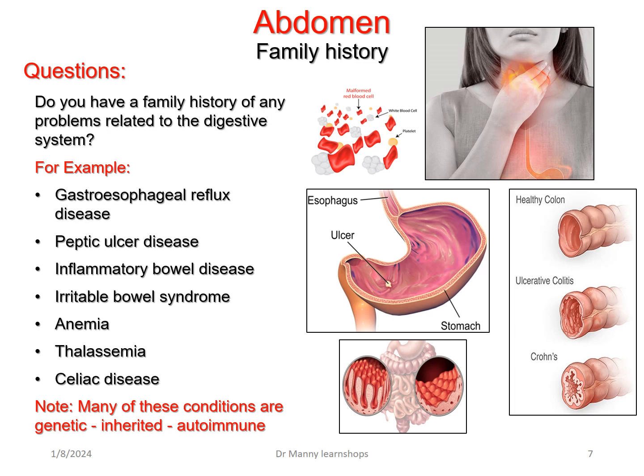Irritable bowel syndrome, which could be related to possibly lactose intolerance. Anemia, certain blood dyscrasias such as thalassemia, and celiac disease, which is an autoimmune disease in respect to gluten issues. But many of these conditions are genetic, they can be inherited, and they can be autoimmune.